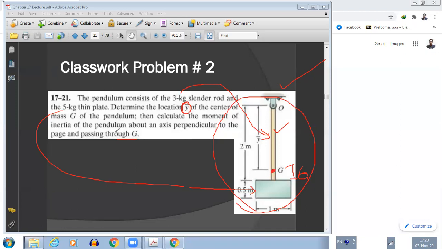So we need to find the moment of inertia of the pendulum about an axis perpendicular to the page and passing through G, not O.